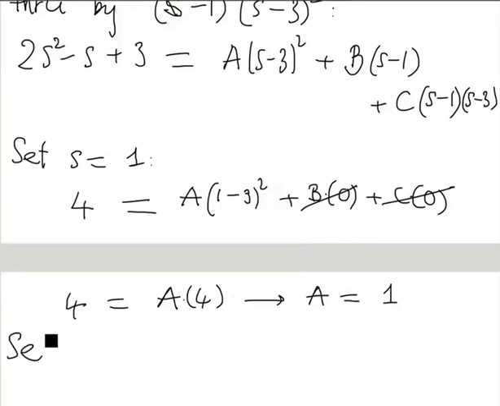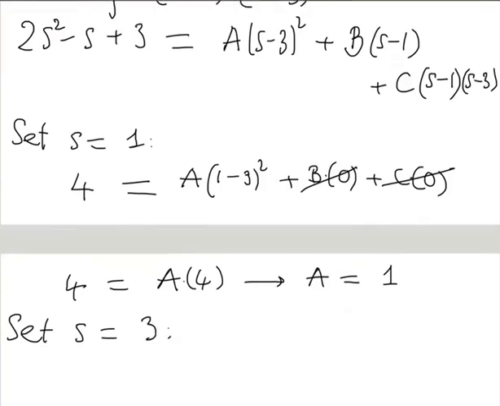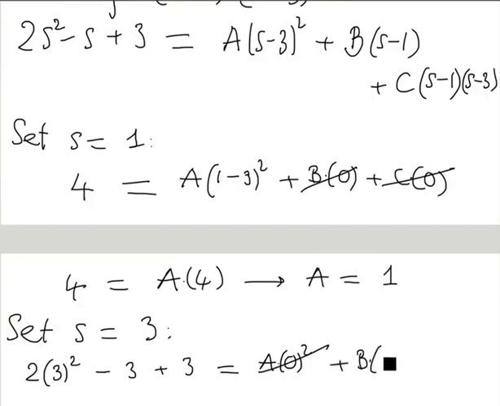Now we can set s equal to 3. That's another special value. On the left hand side, we have 2 times 3 squared minus 3 plus 3. On the right hand side, we have A times 0 squared, which is gone, plus B times 3 minus 1, plus C times 3 minus 1 times 0, so it's gone.